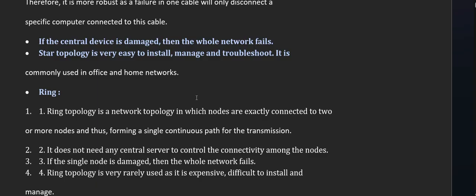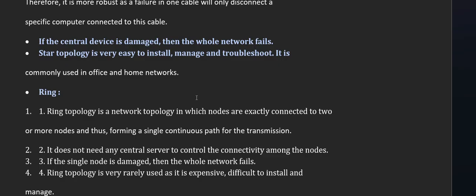Ring topology is where each node is connected to exactly two other nodes, thus forming a single continuous path for the transmission. It does not need a central server because connectivity exists among all the nodes.